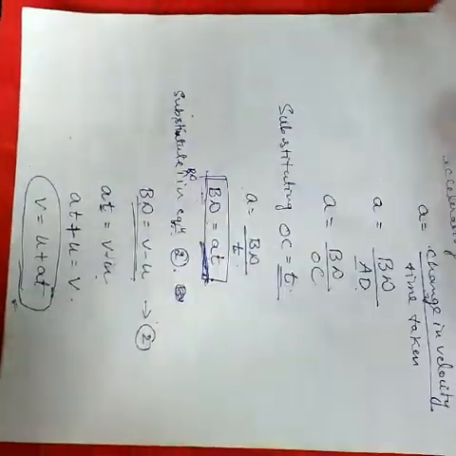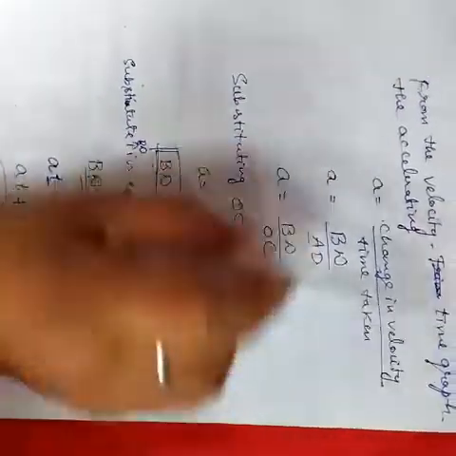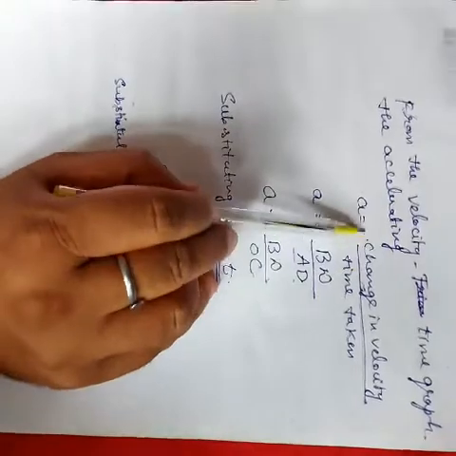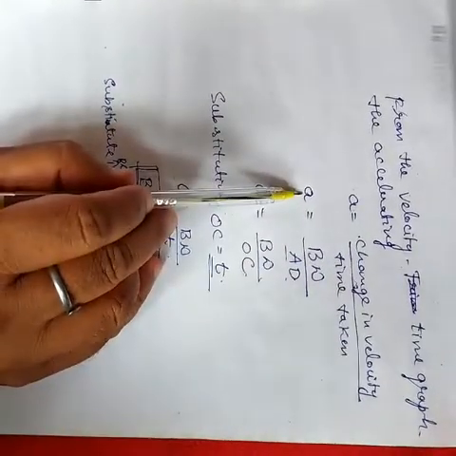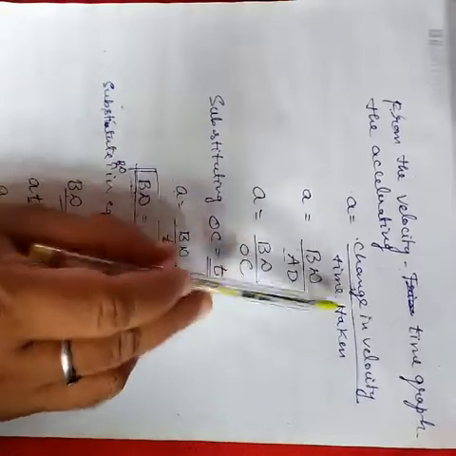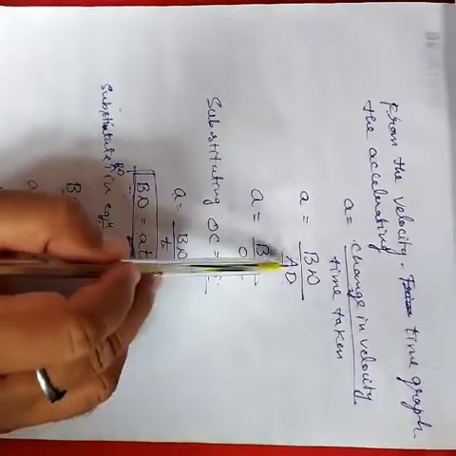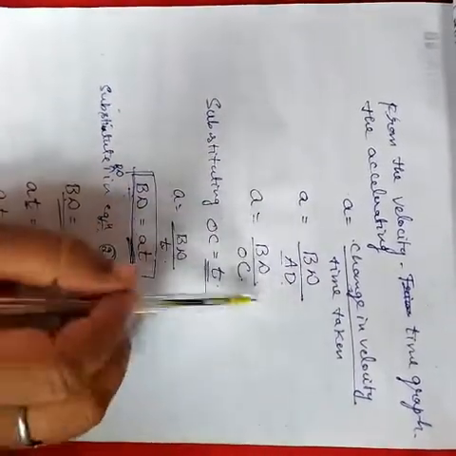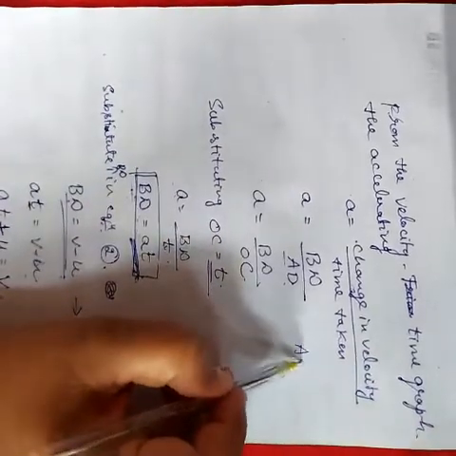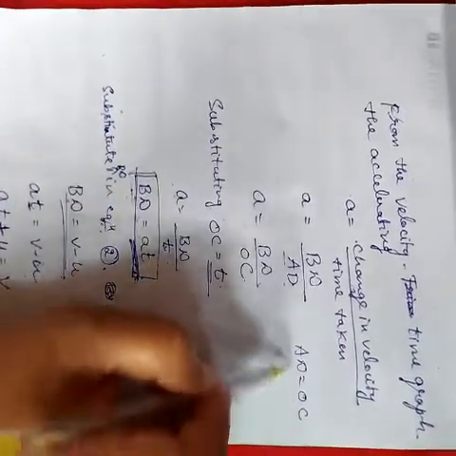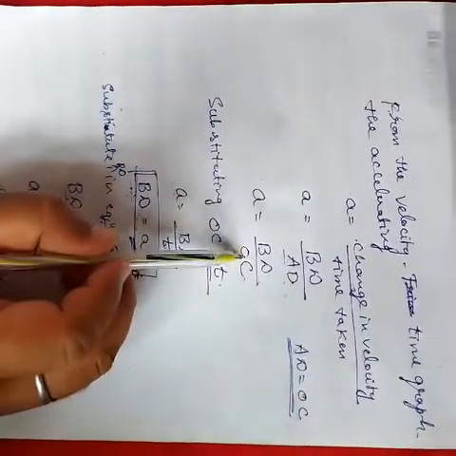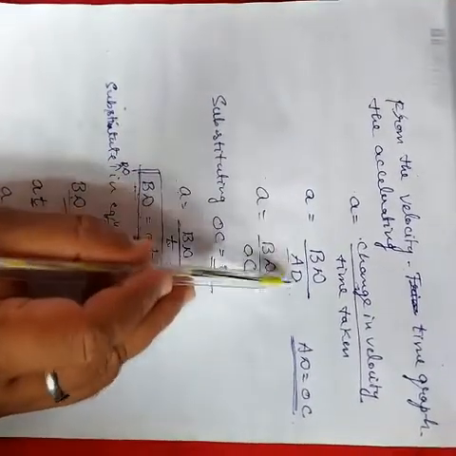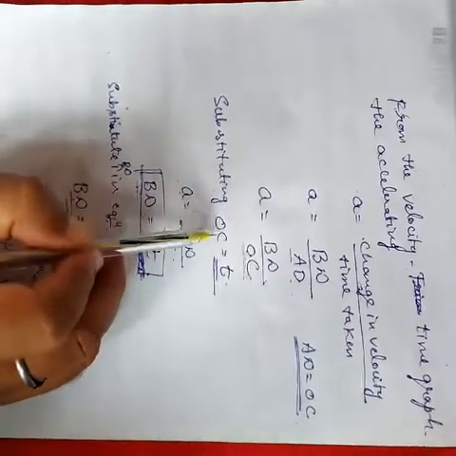Then again from the velocity time graph, we get acceleration a is equal to change in velocity upon time taken. By observing the graph, the change in velocity is BD and the time taken is AD. But you know AD is equal to OC, because they are parallel to each other. So instead of AD we write OC.